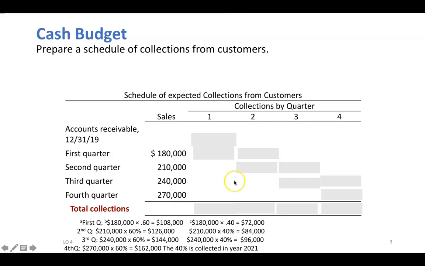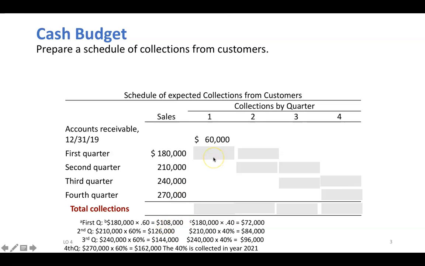So if we put together a schedule of collections from customers, you will see the 180, 210, 240, 270 will come from your sales budget, the bottom line. Now remember, at the beginning of the year, we're going to collect what the customers owed us last quarter, which the number was given to us, 60,000. Now the first quarter, the pattern is that 60% of it we collect in the same quarter.